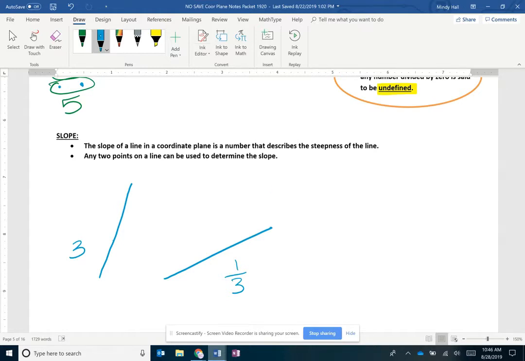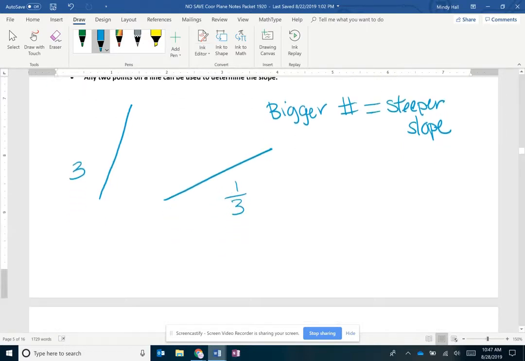So bigger number, steeper slope. Okay, and so any 2 points can be used to help you determine the slope of a line. If they're on a graph, you can count it, or you can use the actual slope formula.